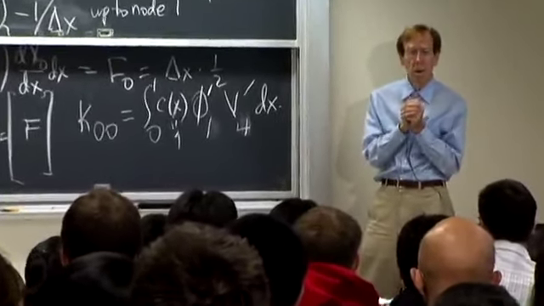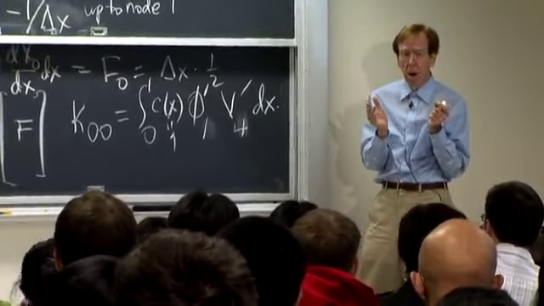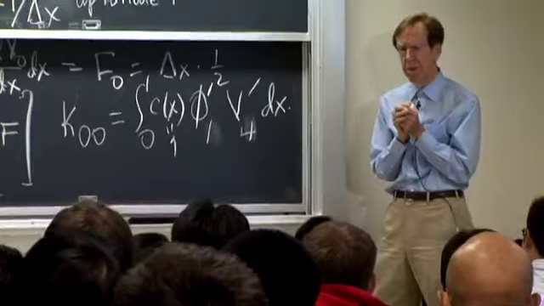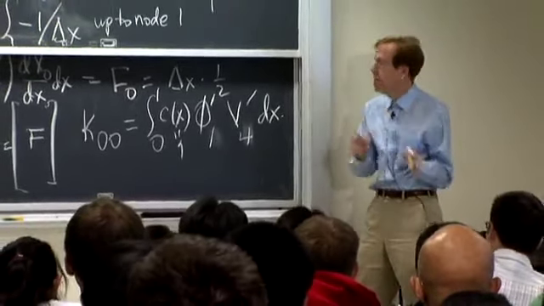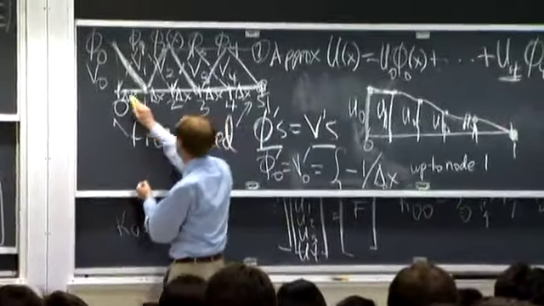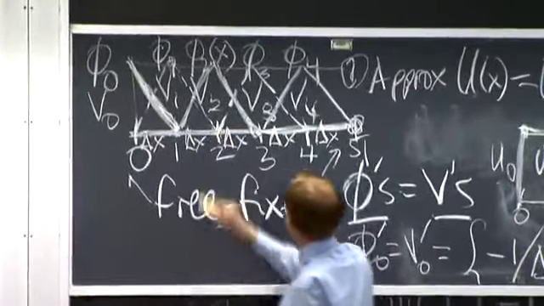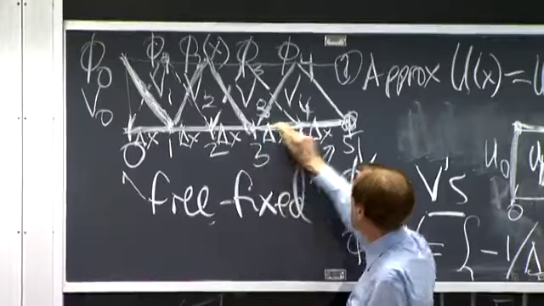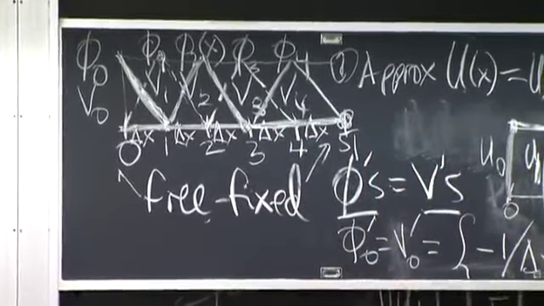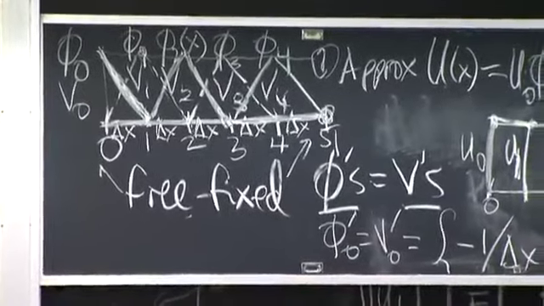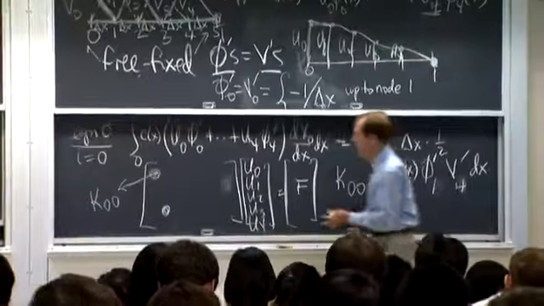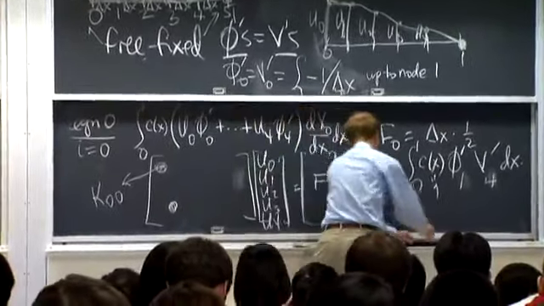It's 0. Why is the integral of phi 1 prime against v 4 prime 0? Because these phis are local. Phi 1 prime is only non-zero here. V 4 prime is only non-zero over here. The two don't overlap. Anywhere one is not 0, the other is 0. So that's a 0 there.